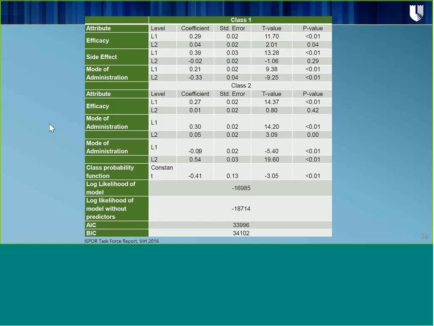You can evaluate the data and just determine the number of classes you want to analyze or include in your analysis, and let the data tell you who's going to be where and what the preferences are going to be under each class. Or you also have the ability to impose what any of those classes will look like, and then let the model optimize the results so that it tells you who is going to be more likely to be in that specific class with the characteristics that you've imposed on it.